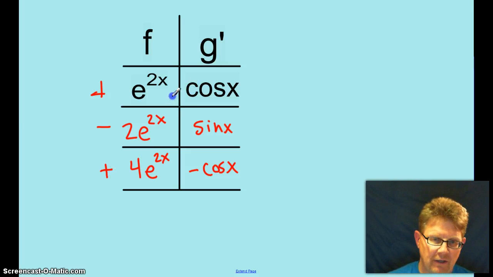Then we're going to make some diagonals. We're going to make some more diagonals. Now we're going to multiply those.